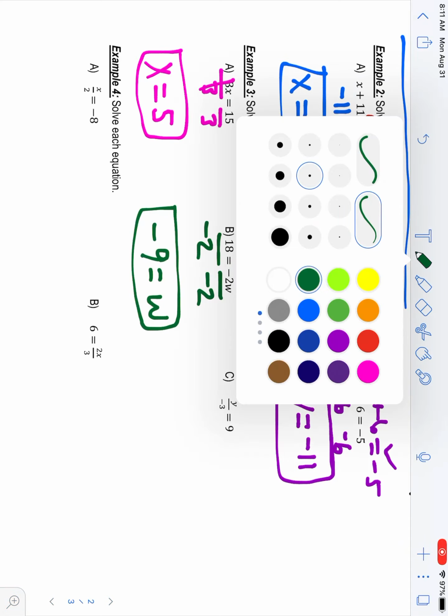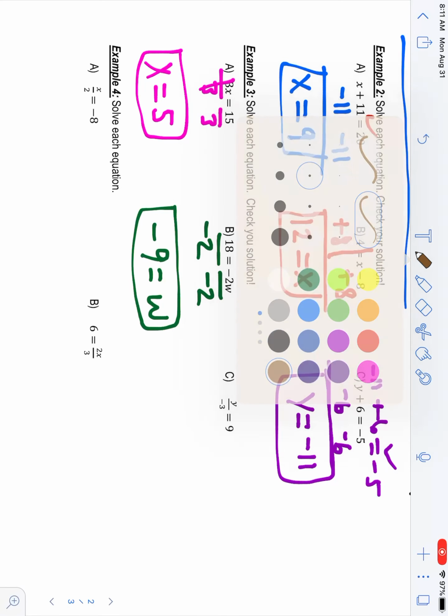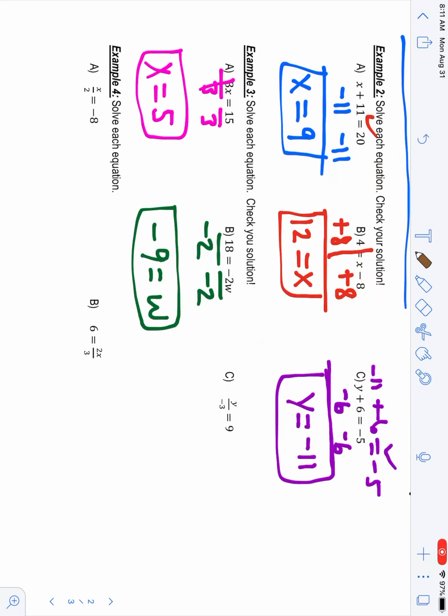Now, in letter C, what it's saying is y divided by negative 3 equals 9. Well, the opposite of division is to multiply, so we're going to multiply both sides by negative 3. They'll cancel there, so y equals 9 times negative 3, which gets us negative 27.